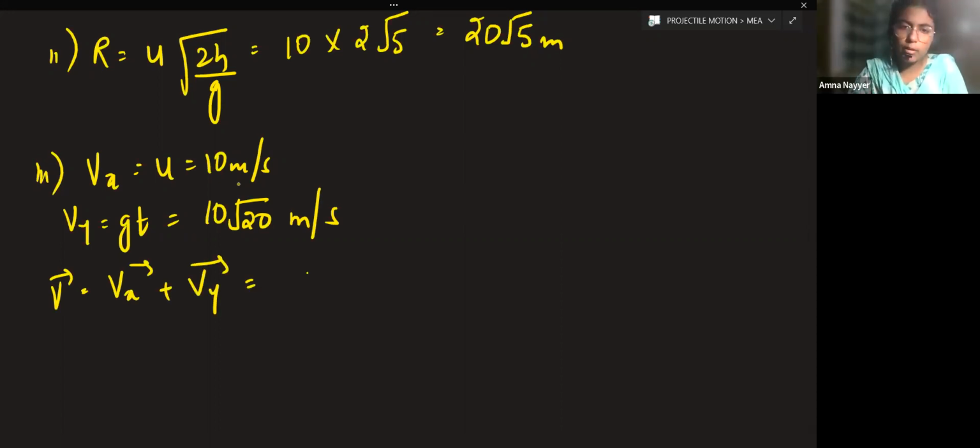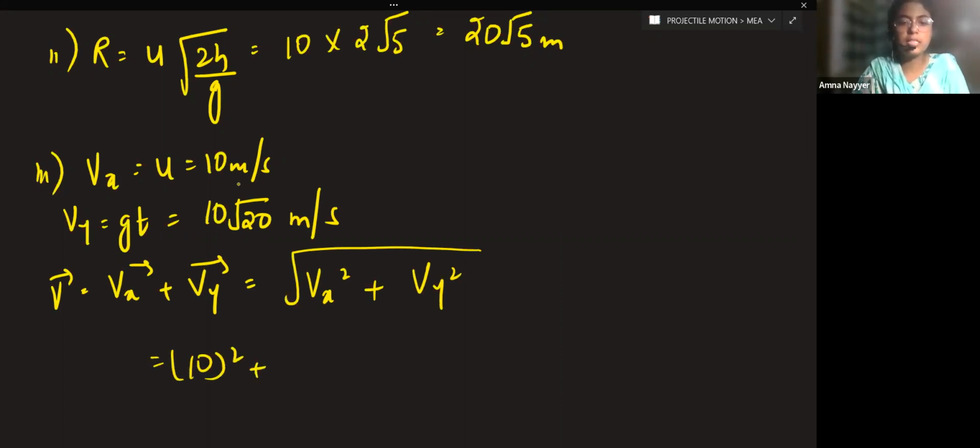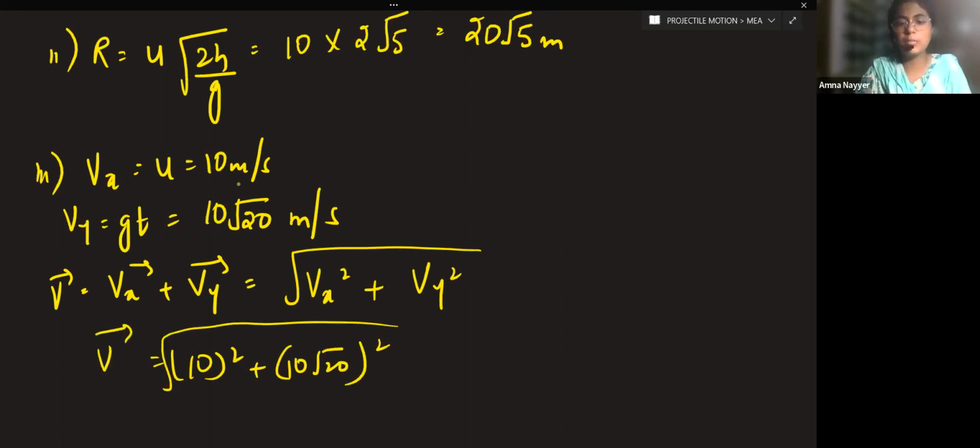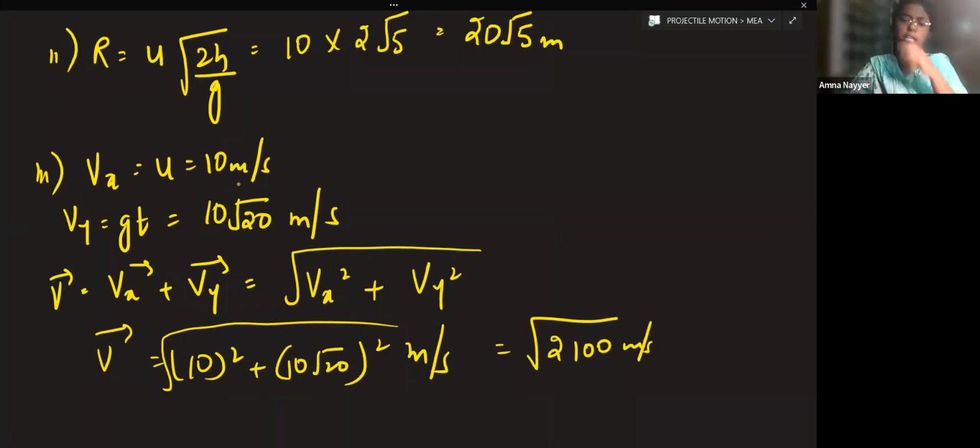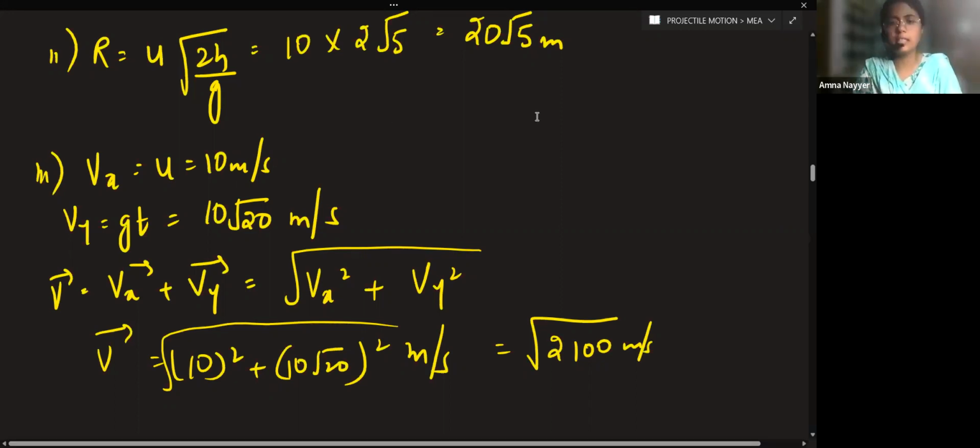If we want to calculate the magnitude, that becomes coefficient of i cap square plus coefficient of j cap square. This becomes under root 10 square plus 10 root 20 whole square, that is the net velocity, this much meter per second. So that will be root 2100 meter per second. You can use long division and find that.